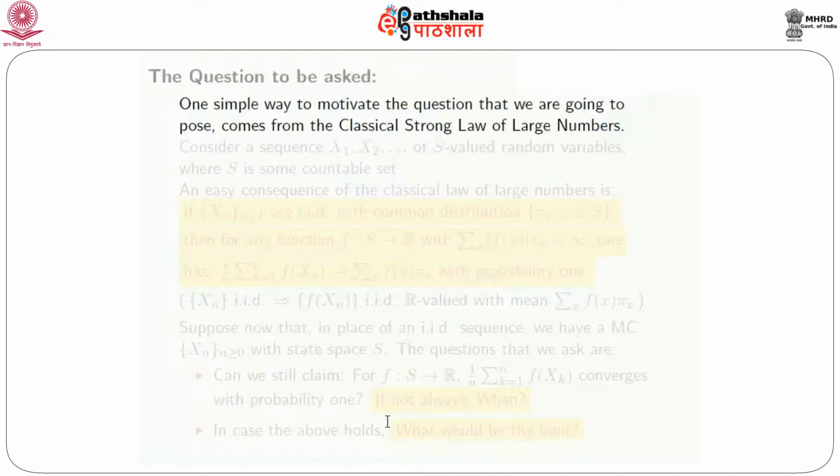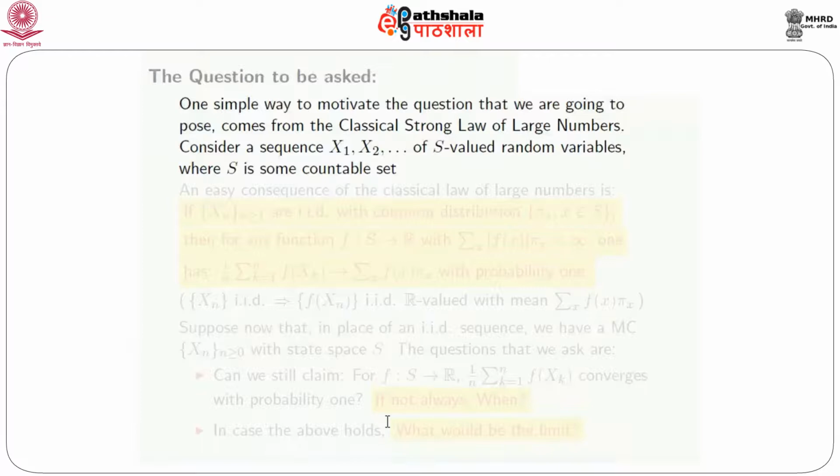Typically, you deal with IID real valued random variables, but let's consider a sequence X1, X2, etc. of S-valued random variables, where S is some countable set. This is to keep conformity with a Markov chain. Remember, a Markov chain corresponds to a sequence X0, X1, etc. of random variables taking values in a countable set S, which need not be a subset of the real numbers.